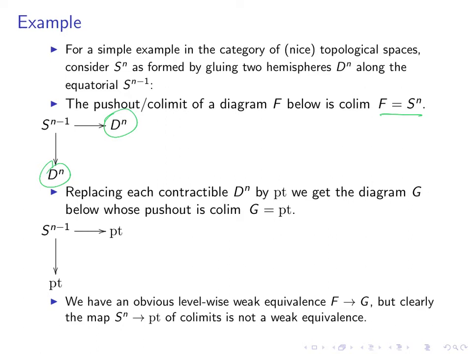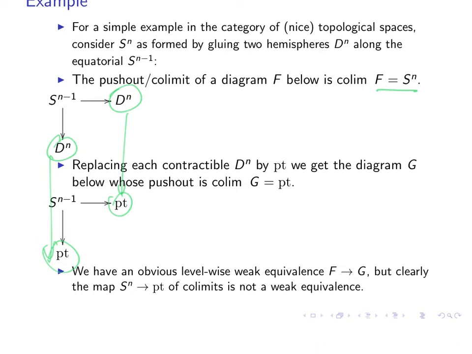and so we have a weak equivalence from Dn to a point, and similarly Dn to this point. But now when we take the pushout or colimit, we just get a point, and so clearly Sn and a point are not homotopy equivalent. In other words, there's no weak equivalence between them.